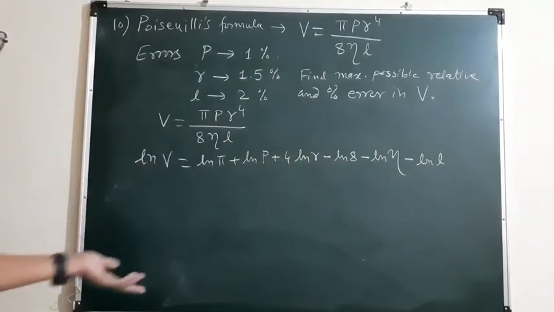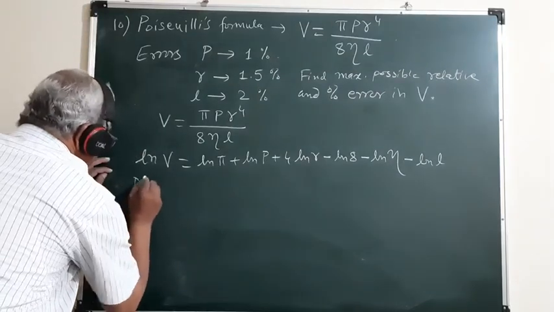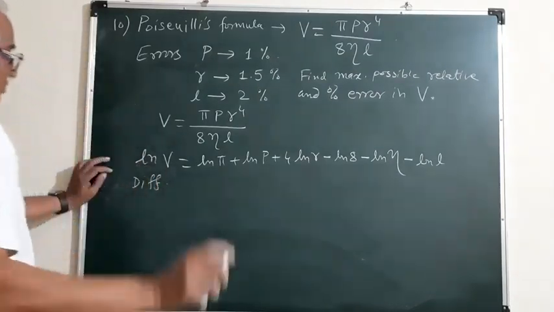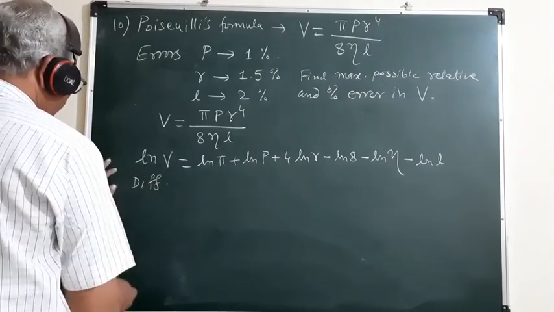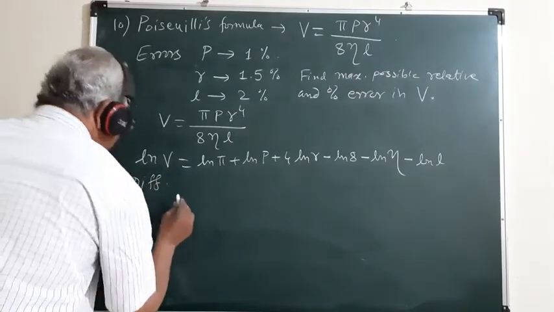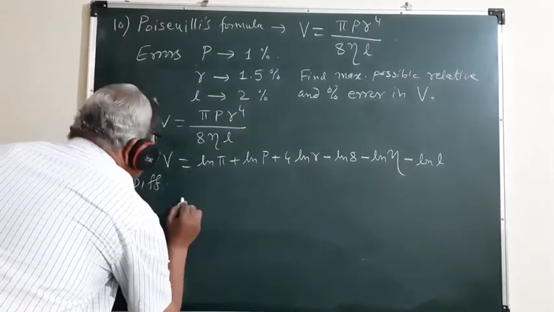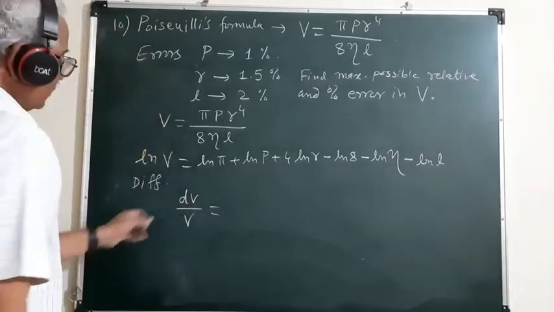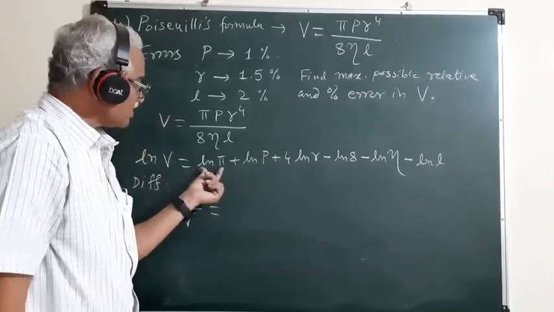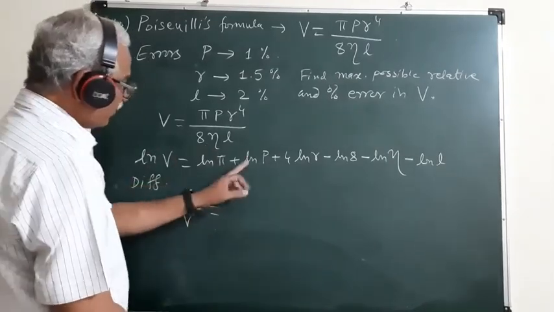And now, if we differentiate this expression, differentiating both sides, the differentiation of ln of phi is dv by v. It is dv by v is equal to, since pi is constant, ln pi is again a constant, its differentiation will be 0.